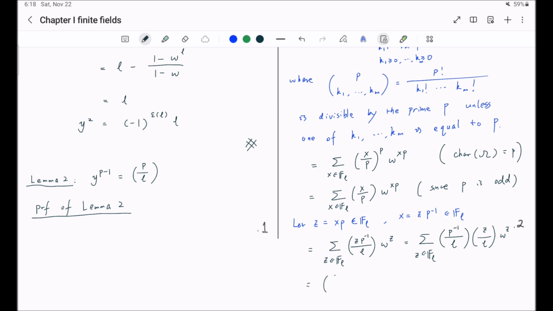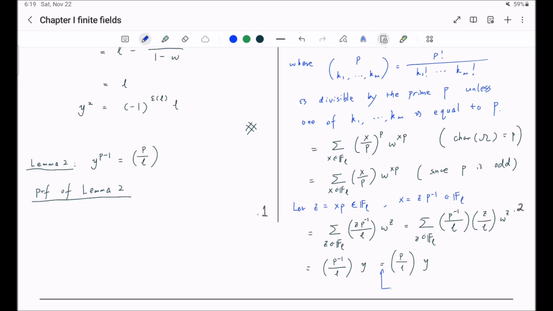So this is equal to p inverse over L times y. But what is p inverse over L? p inverse over L is precisely equal to p over L. This is because p inverse over L times p over L is equal to 1. So they are either both plus 1 or minus 1.